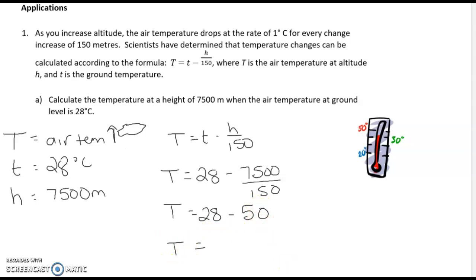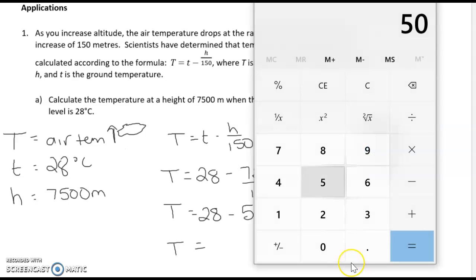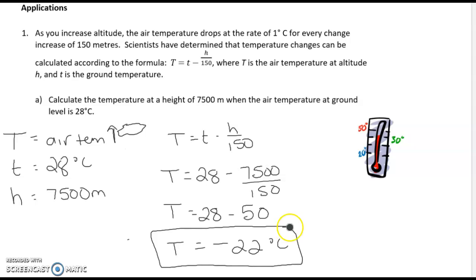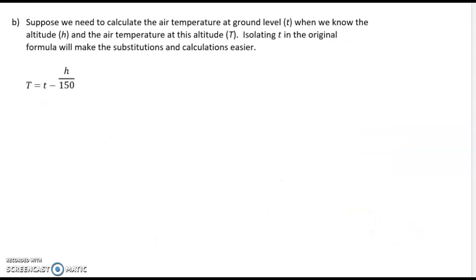That means our air temperature up in the sky would be 28 minus 50, and that gives us minus 22 degrees Celsius. Because it's a word problem, you'd have a therefore sentence. It's hard for me to write on here, but you would write: therefore, the air temperature would be minus 22 degrees Celsius. Okay, next question.